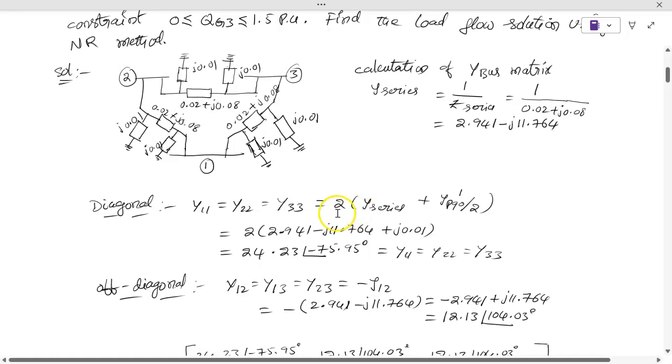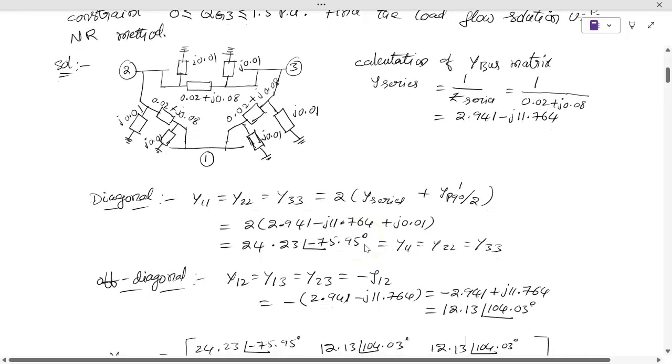After substituting 2 into y series and half of the shunt admittance, that is 0.01, we get 24.23 at an angle minus 75.95 degrees. Remember, this is the diagonal elements value, the same value for all.